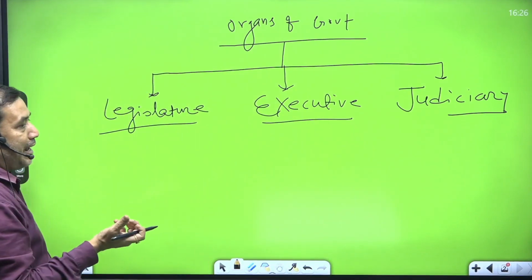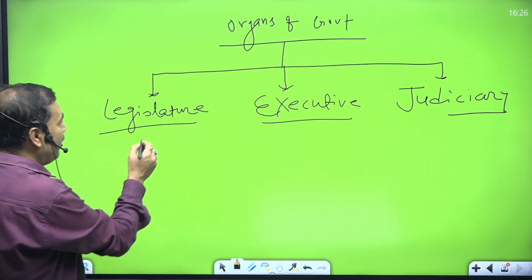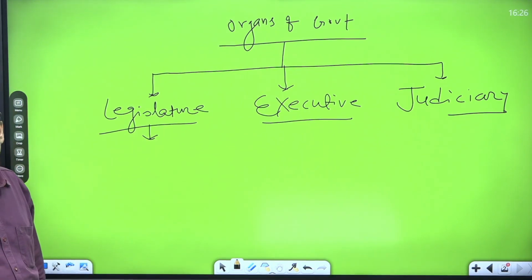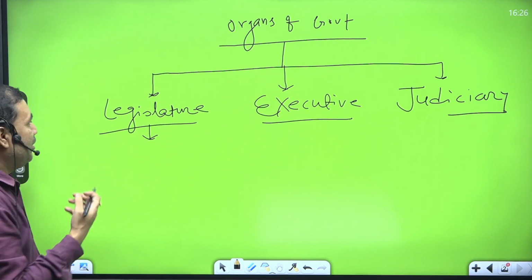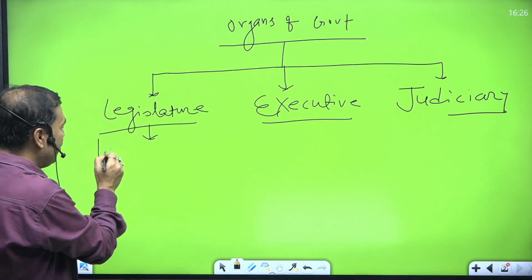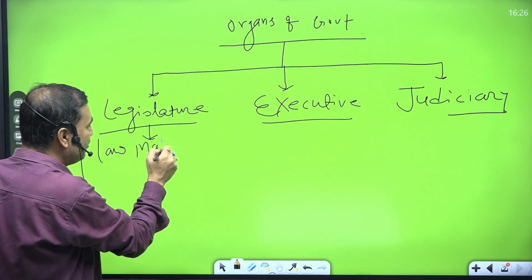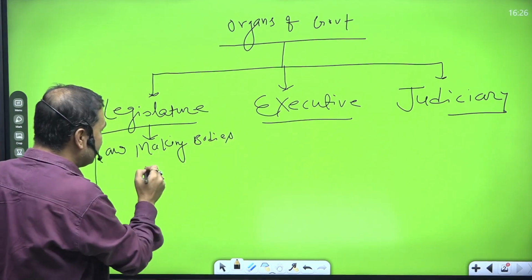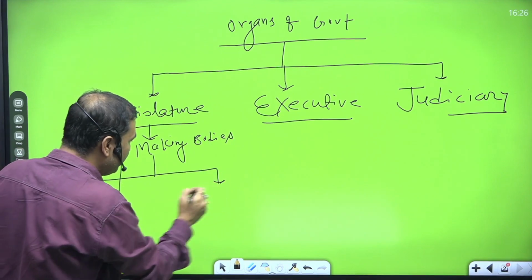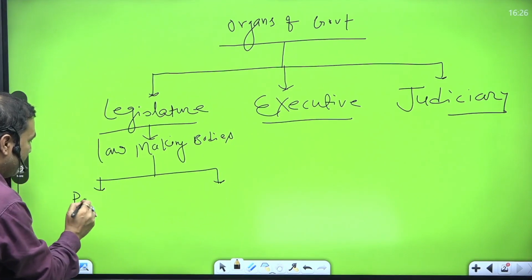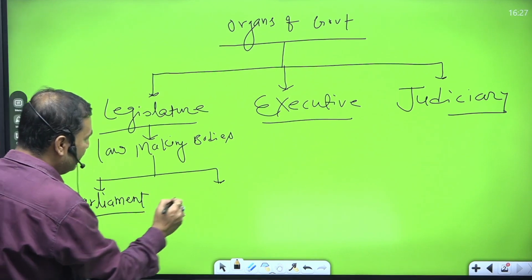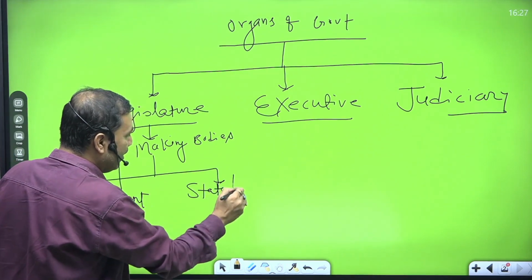Legislature. Now the first question arises here: what is called legislature? The legislature is a law making body, and it consists of two: first parliament and second state legislature.